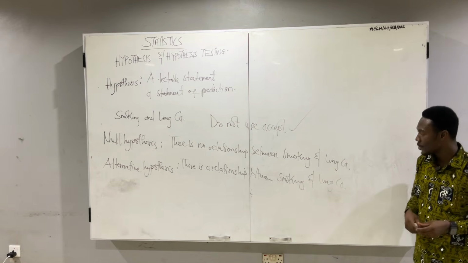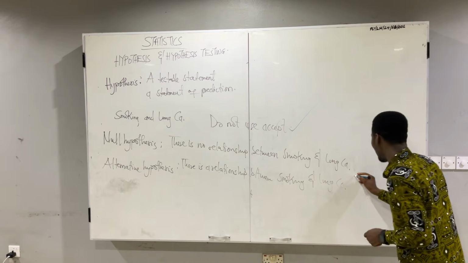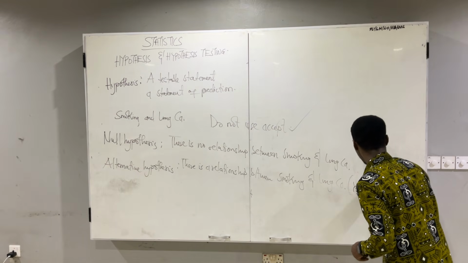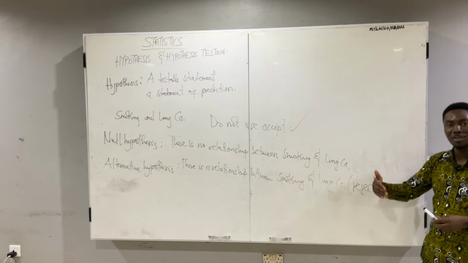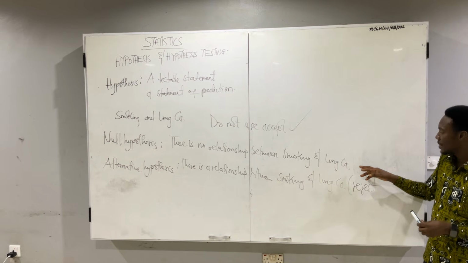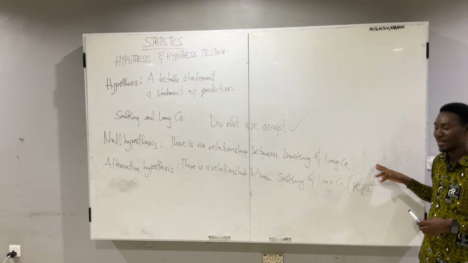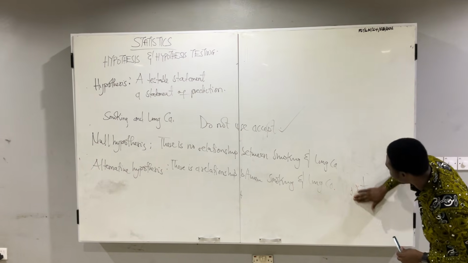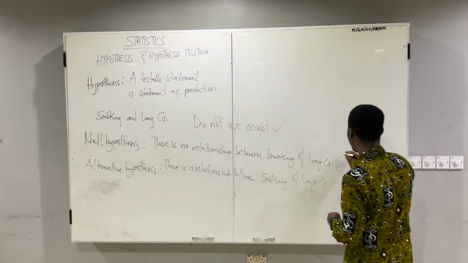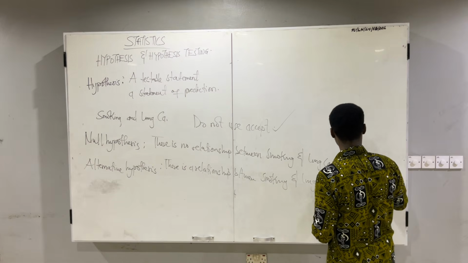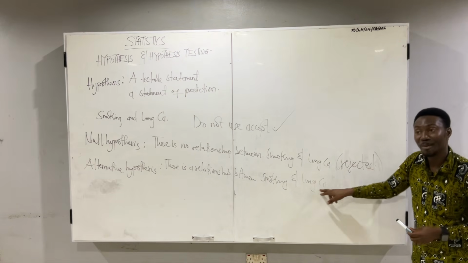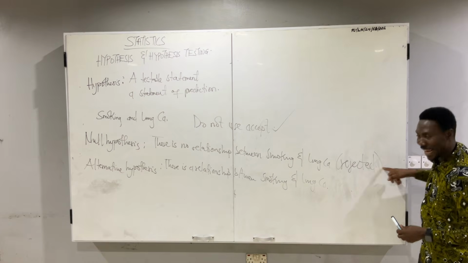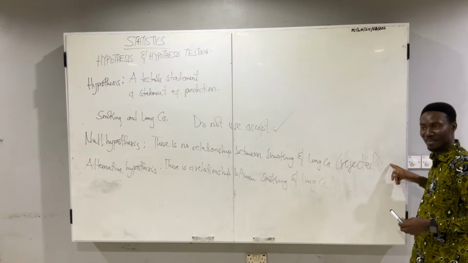The first statement, you can say that I reject alternative hypothesis. So if you tell us you've rejected alternative hypothesis, it means you've accepted the null hypothesis. And in a situation where you want to accept the alternative, you say, I reject the null hypothesis.